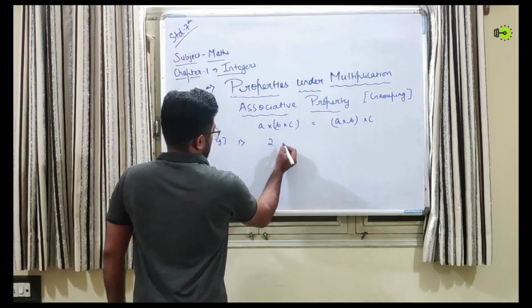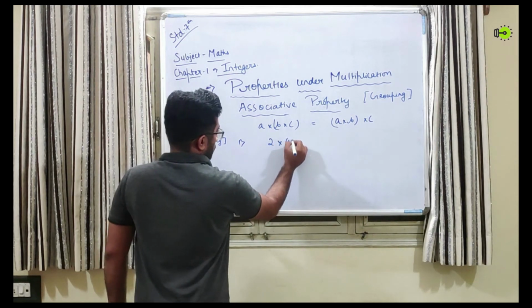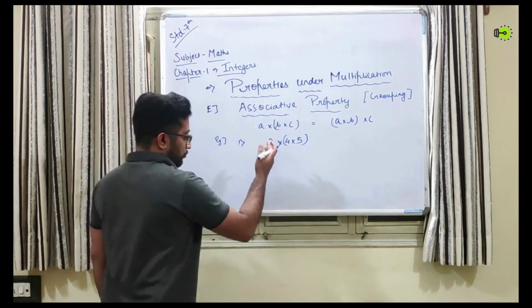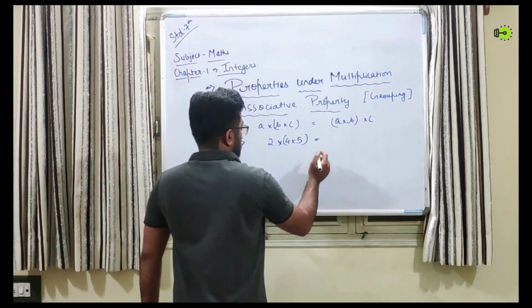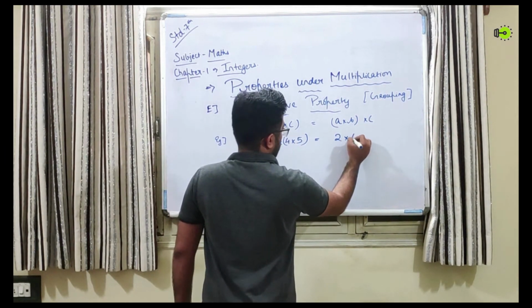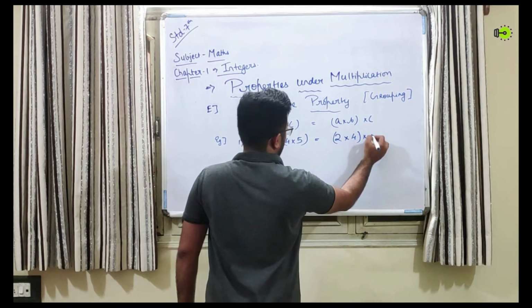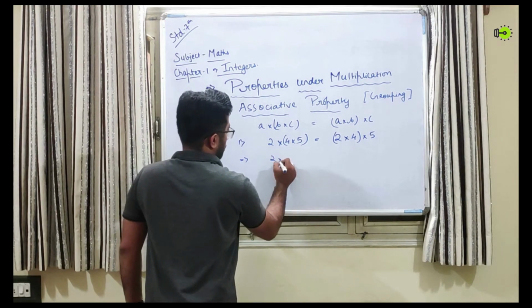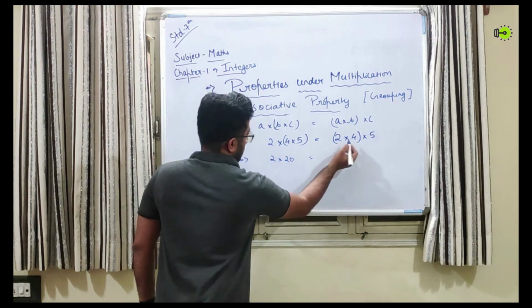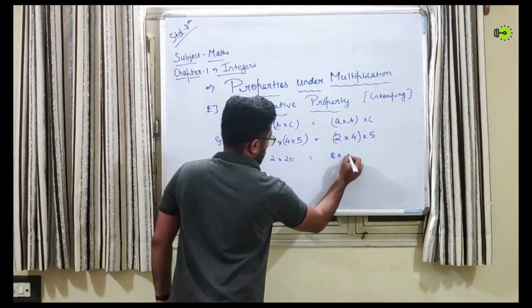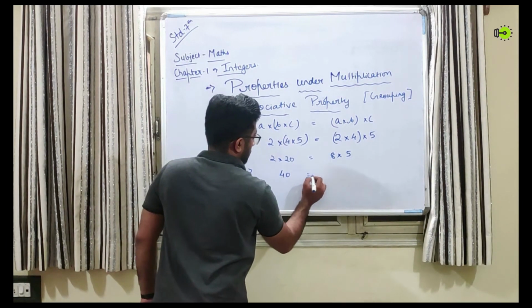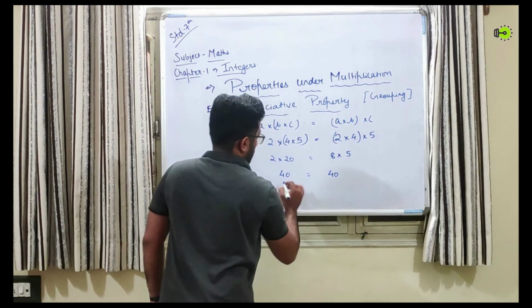So I think we will take the numbers 2, 4 and 5. We will keep the first 2 numbers in the bracket on one side, and similarly on the other side we will keep 4 and 5 in the bracket. Now let us solve. First of all, we will solve the bracket. 5 4s are 20. Here 4 2s are 8. 20 into 2, 40. 8 5s are 40.